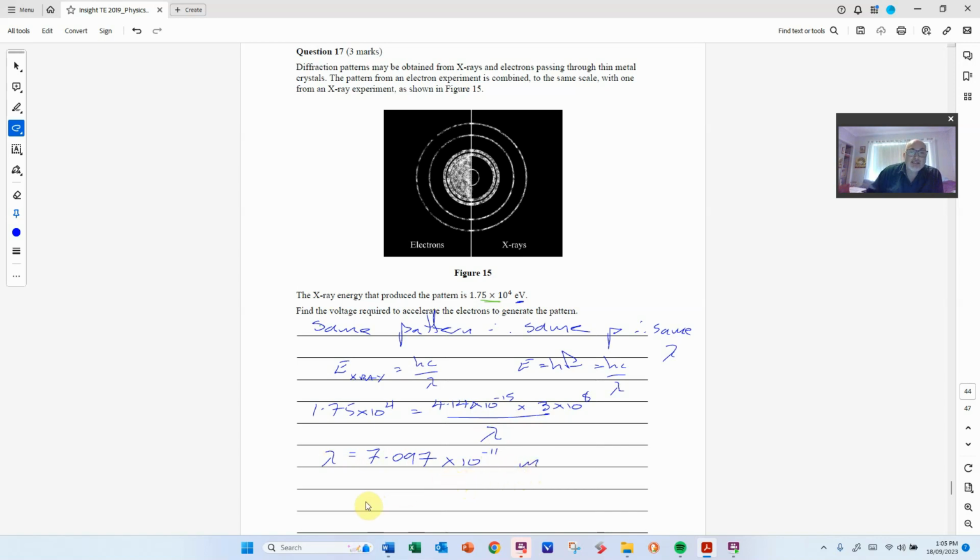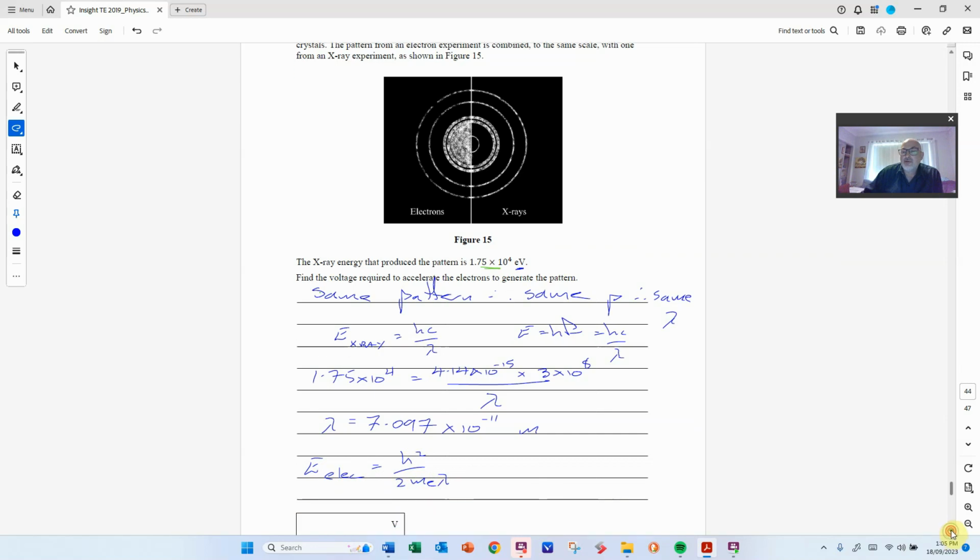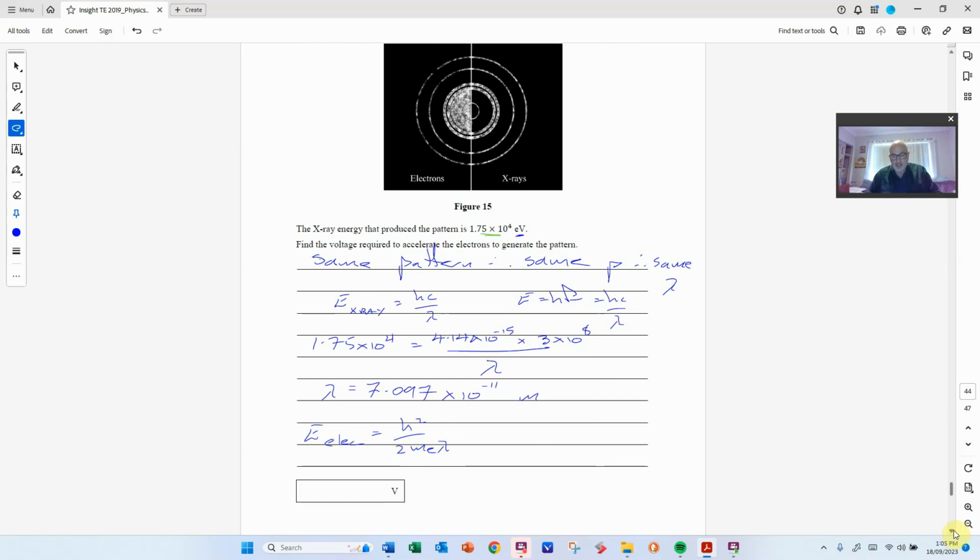So if that's the case, the energy of the electron equals h squared over 2me lambda. Now, I want to explain how we get that. So we'll just have a little bit of an aside here, because you could put this in your formula sheet.